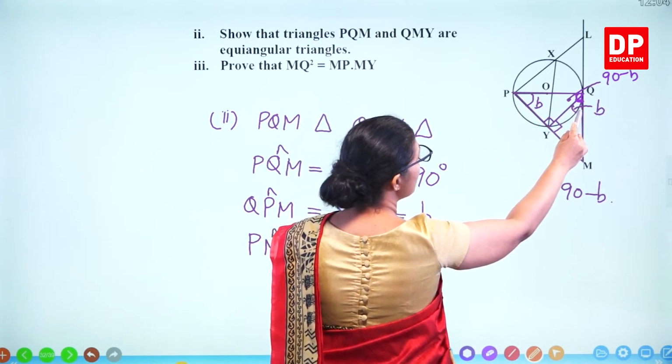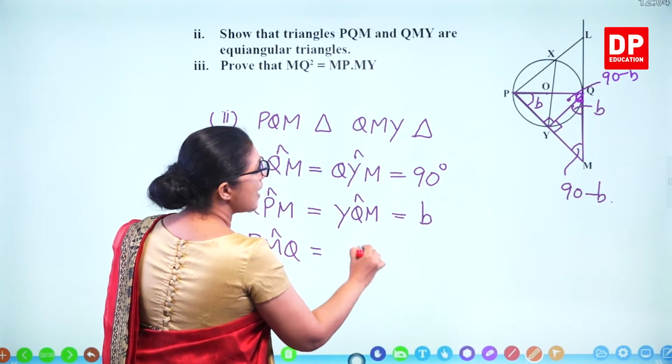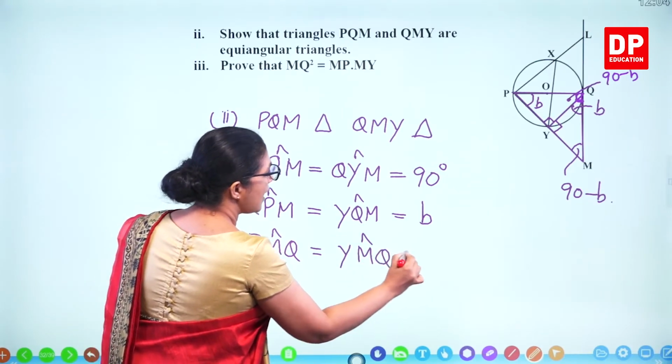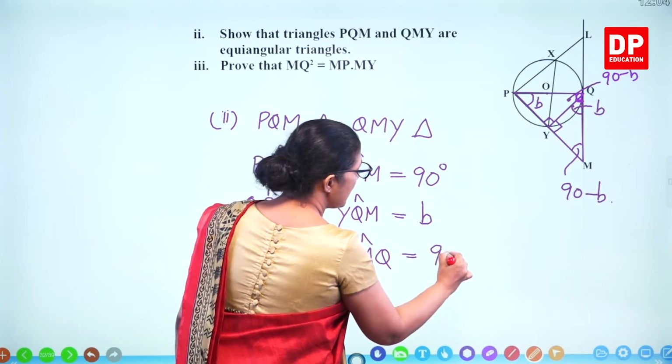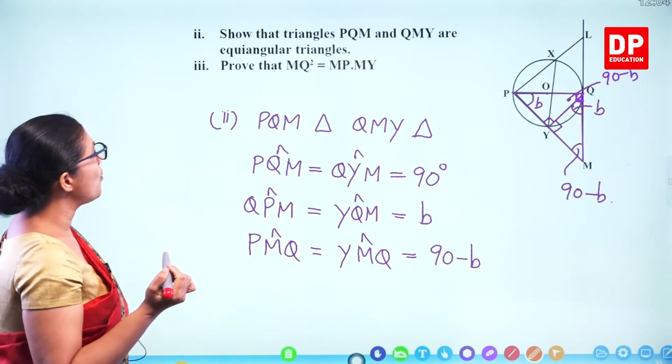And the smaller one, same M angle, that's YMQ angle, that's 90 minus B. So angles are equal.